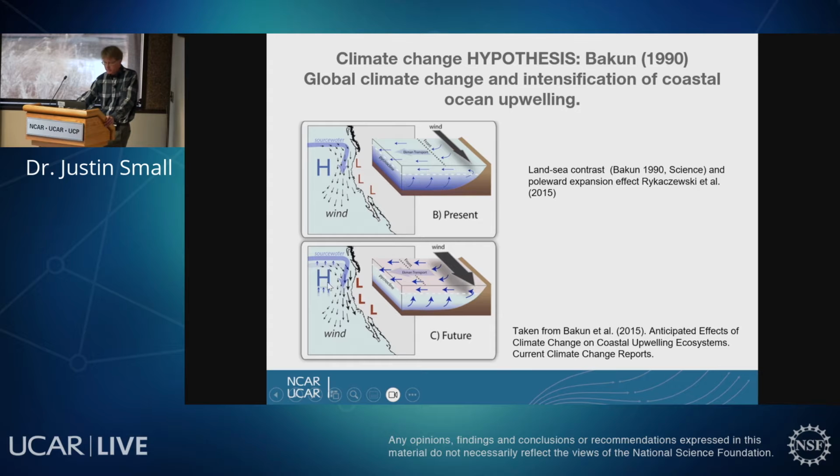And this also includes another related hypothesis, raised later by Rykaczewski et al., 2015, that there might be a poleward movement of the upwelling associated with a poleward shift of the Hadley cell and the subtropical high, which is just planetary circulation changing. And because the subtropical cell is moved poleward, so the upwelling winds. So these are two related hypotheses.